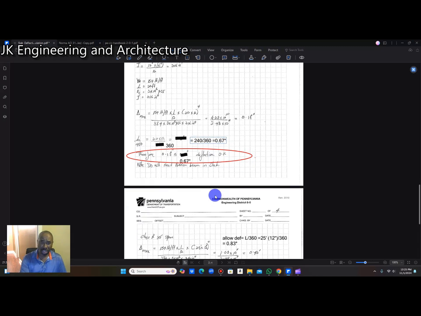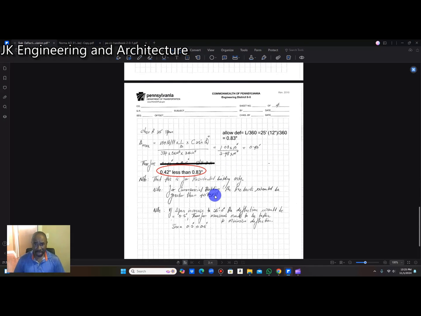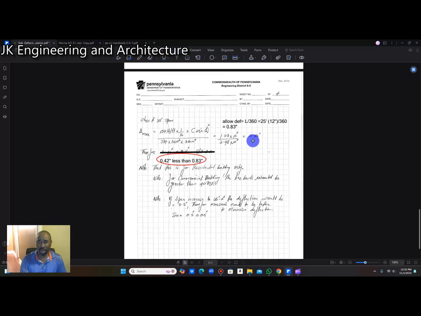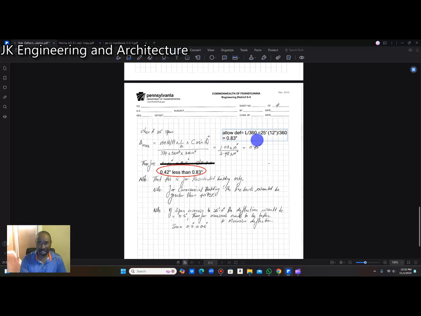So what I do, I even increase the length of the slab to 25 feet and see what that deflection is like. All right, so the allowable deflection for 25 feet is going to be 0.83 inches, right? And when I run that 25 feet into the formula, the maximum deflection is 0.42 inches.